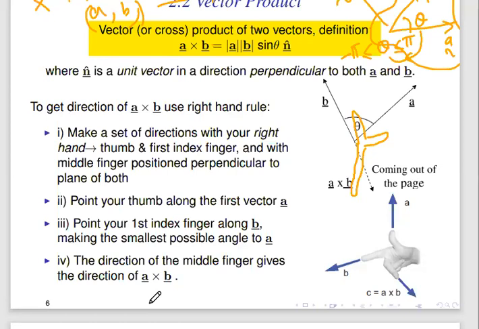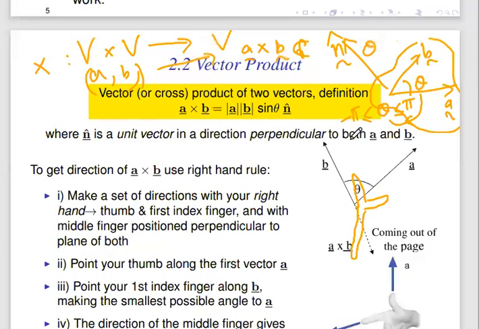Vector product gives us the three-dimensional vector product? No, this is the general definition for any dimension, right? It could be n dimensions.